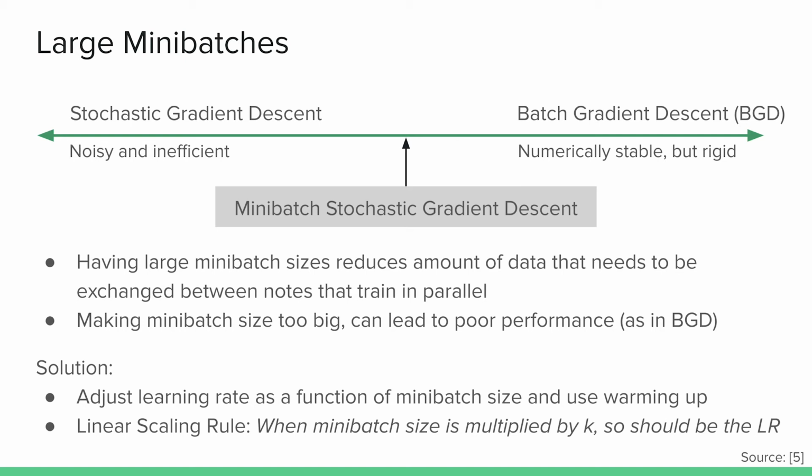So what you can do is that you can basically adjust the learning rate as a function of the mini batch size, which is something that you should definitely do. And you might even use something called warm up. There is a rule of thumb that you can remember. If you increase your mini batch size by k, you should apply the same factor for your learning rate.